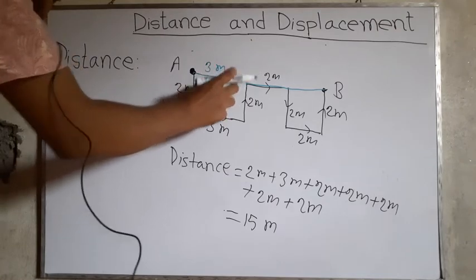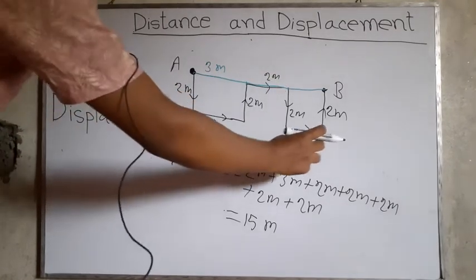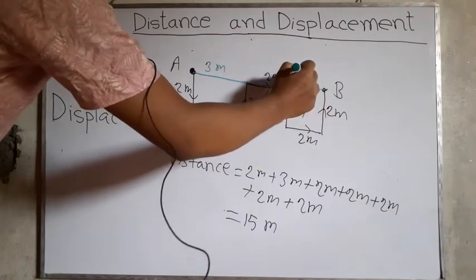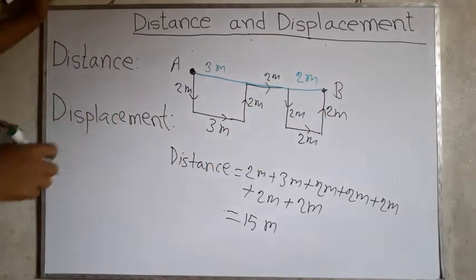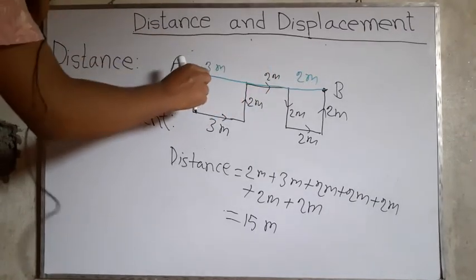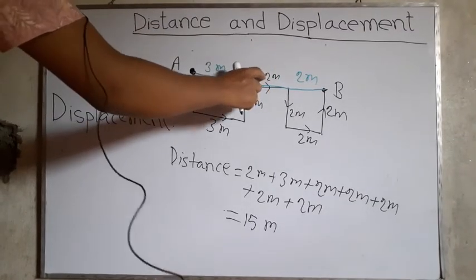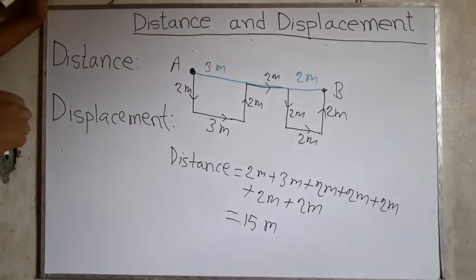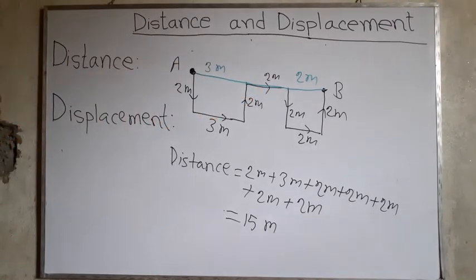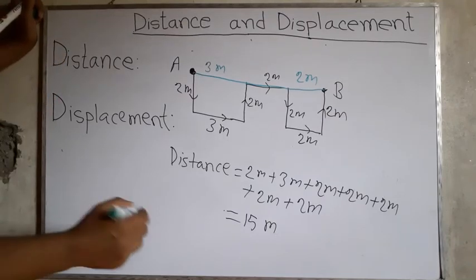This is 3 meter, this is 2 meter. Here this distance is 2 meter, therefore it will also be 2 meter. From A to B, your direct distance is 3 meter plus 2 meter plus 2 meter, that is 3 to 5 to 7 meter. Here 7 meter is your displacement.